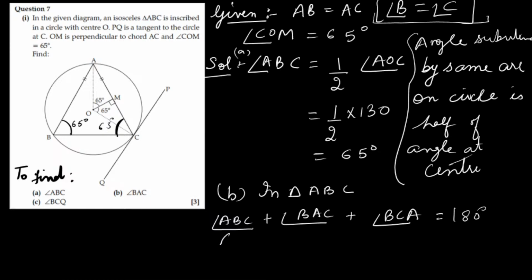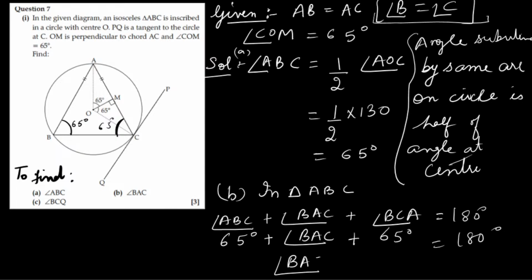So ABC is 65 degrees, BAC we have to find, BCA is also 65 degrees, as we mentioned at the start. So this is equal to 180 degrees. So 65 plus 65 is 130. We'll shift 130 to the other side, so it will get subtracted. So angle BAC is equal to 50 degrees.